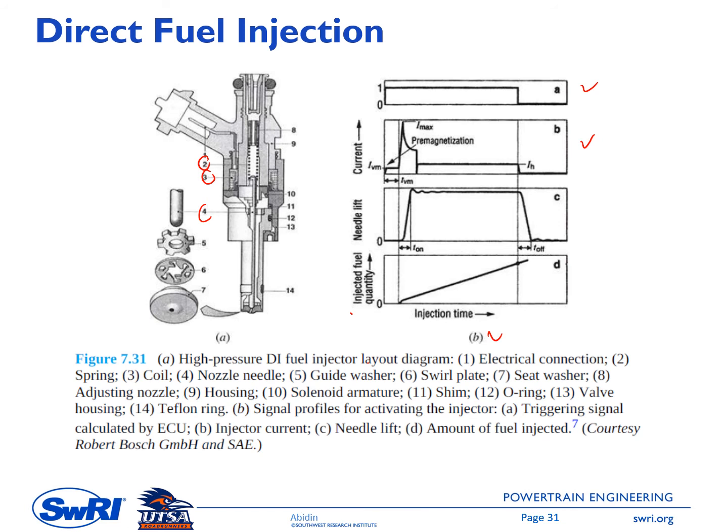This current is transferred to the injector, which is used to govern the needle lift profile as shown in C. So C here is showing the needle lift profile. And then the amount of the injected fuel is shown in the last profile here, D. So you can see there that the amount of the injected fuel increases with time through to the end of the injection event, this one.